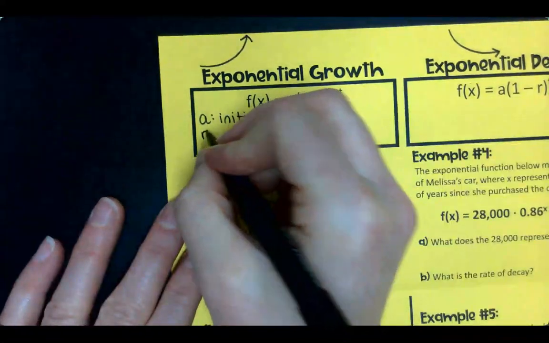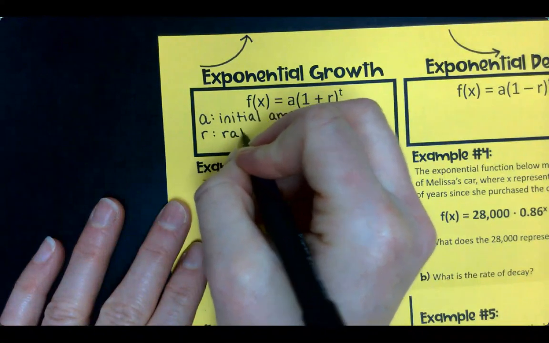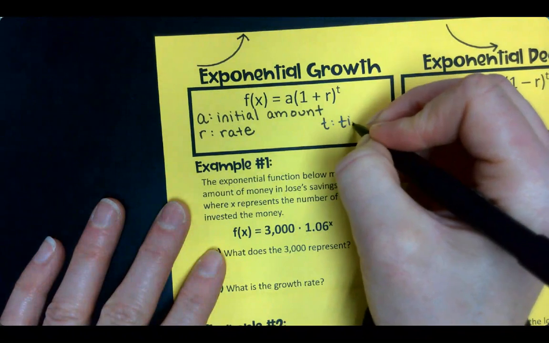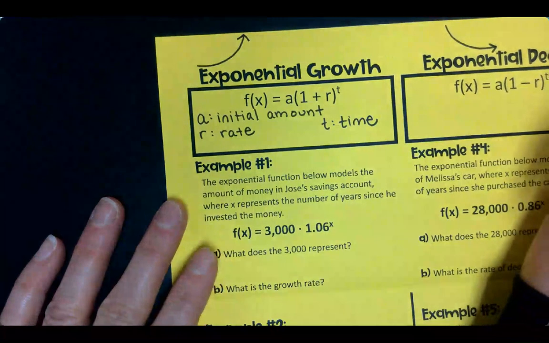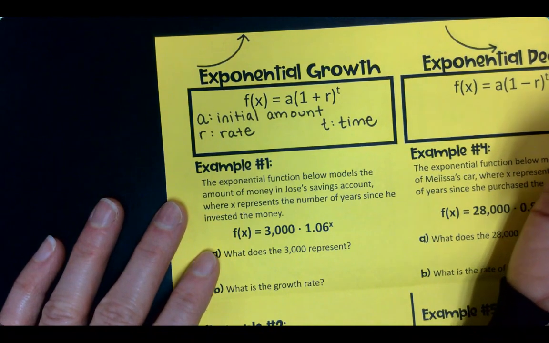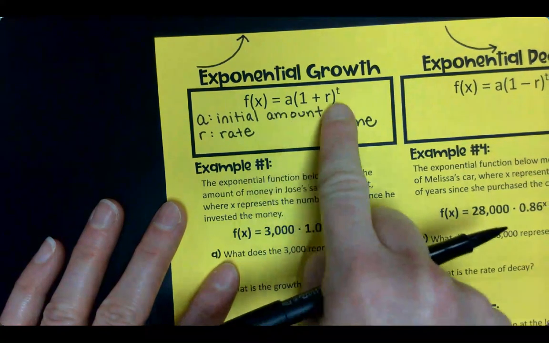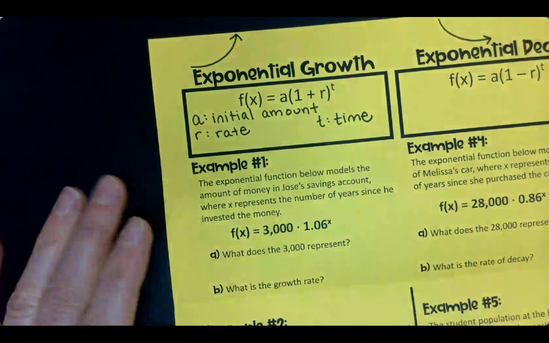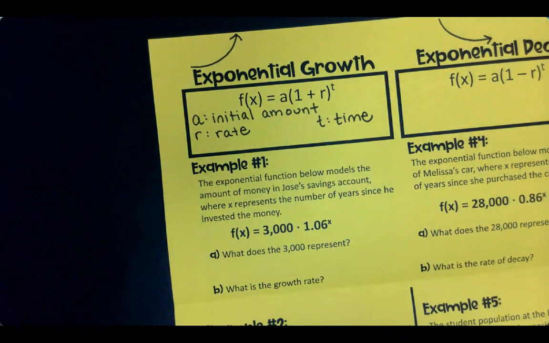R is your rate, and t is time. In seventh grade, we did simple interest, which was just P times R times T. But growth, like this exponential growth, is more of a compound interest type thing. So it has the value as your exponent.